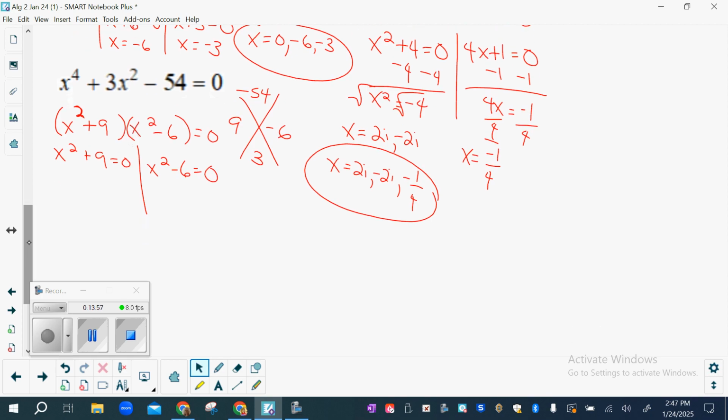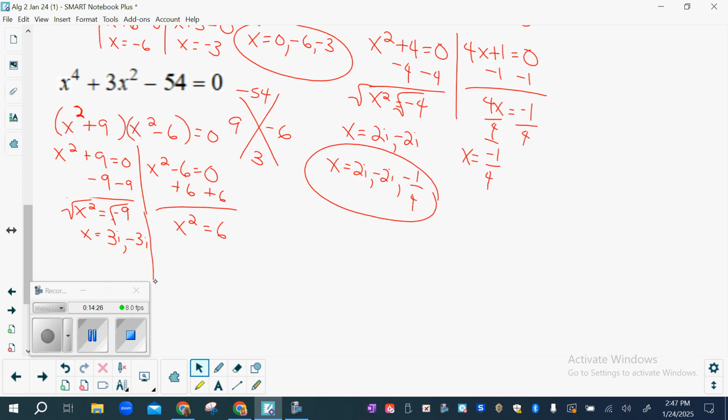There's a lot of steps. You subtract the 9 over. And then you square root it, which would be 3i, and negative 3i. Okay. So we get x squared equals 6 on this one.